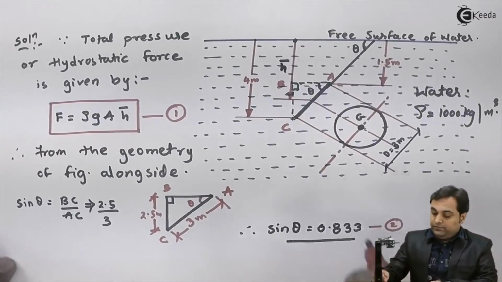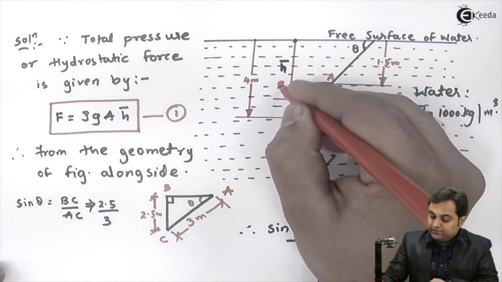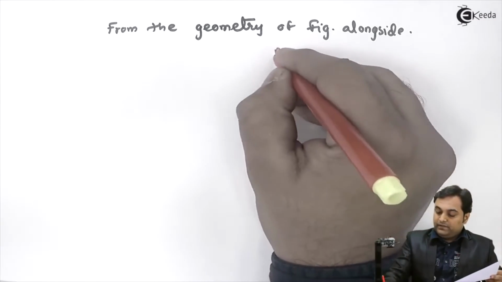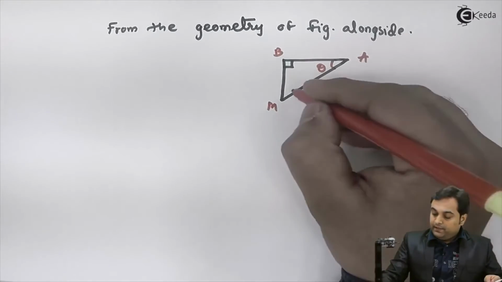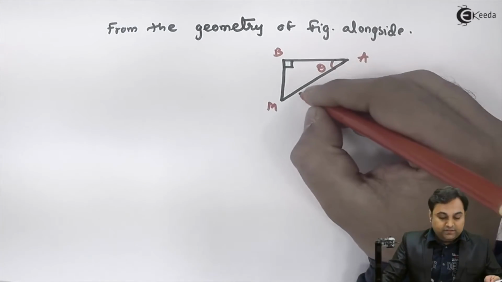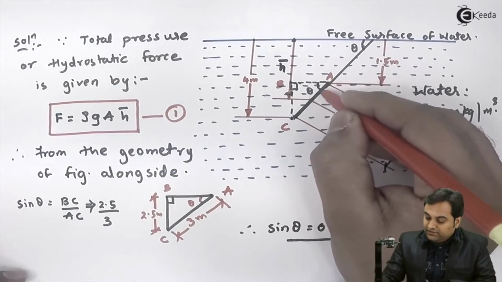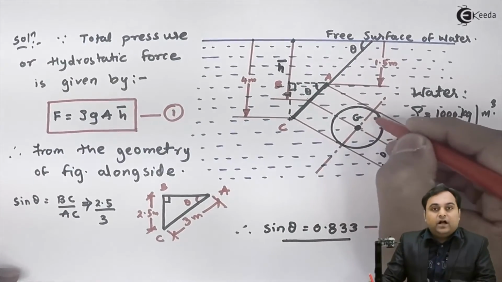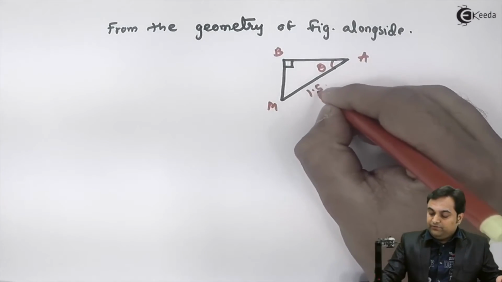Now here I want to calculate this distance. This is B. Next I'll say this is M. Here I have A. This AM is half of the diameter, that means this is the radius. So here I have 1.5 meter.